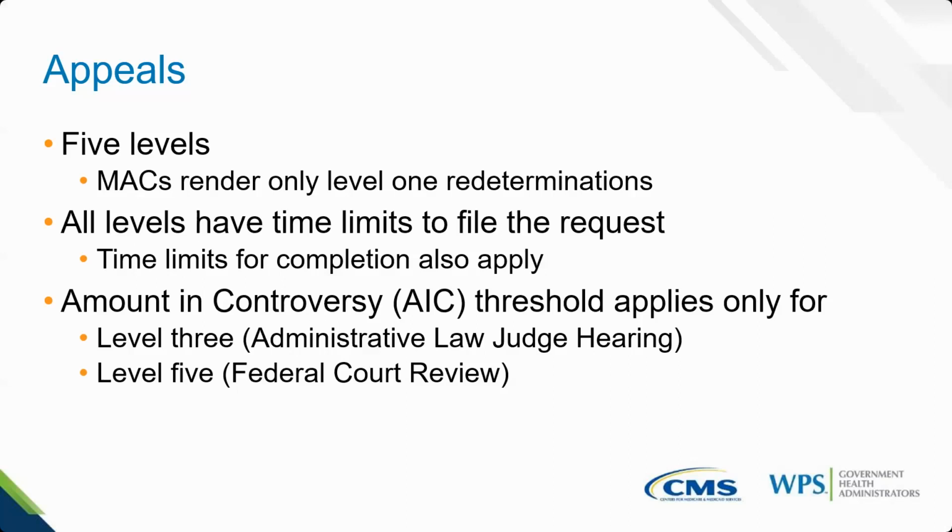There is a minimum amount in controversy that applies to levels 3 and level 5. You can combine like denials on more than one claim, more than one beneficiary, in order to reach that amount in controversy. And the amount in controversy, or the AIC, can fluctuate or change from one year to the next, so you need to keep an eye on that.